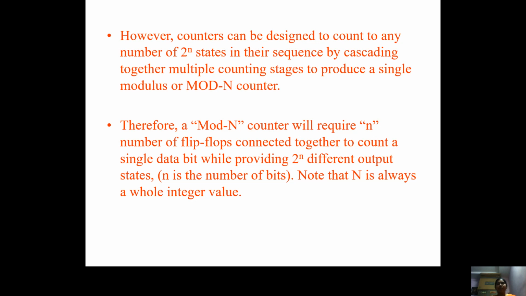But here we will design in such a way that it counts only the number of desired states, and it has to be cleared soon after it reaches the desired counting sequence. Note that here n is always a whole integer value.